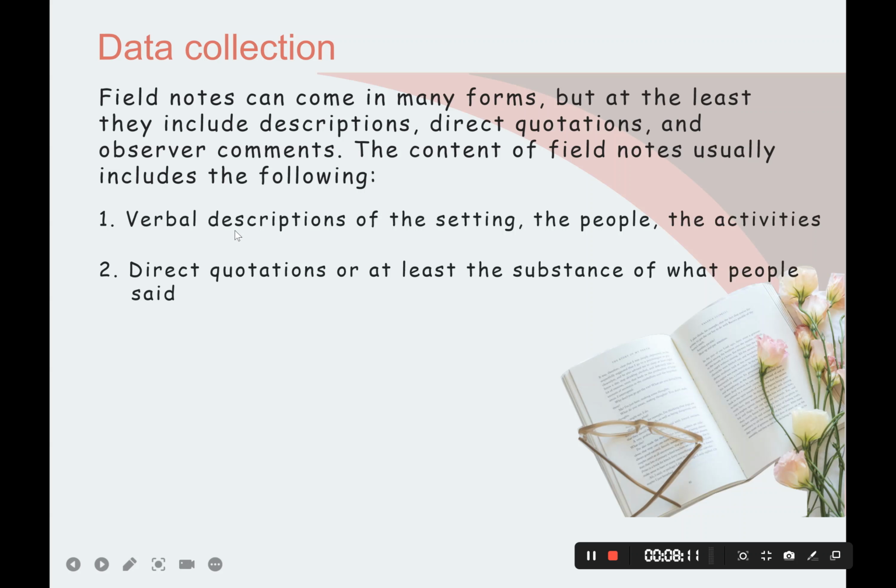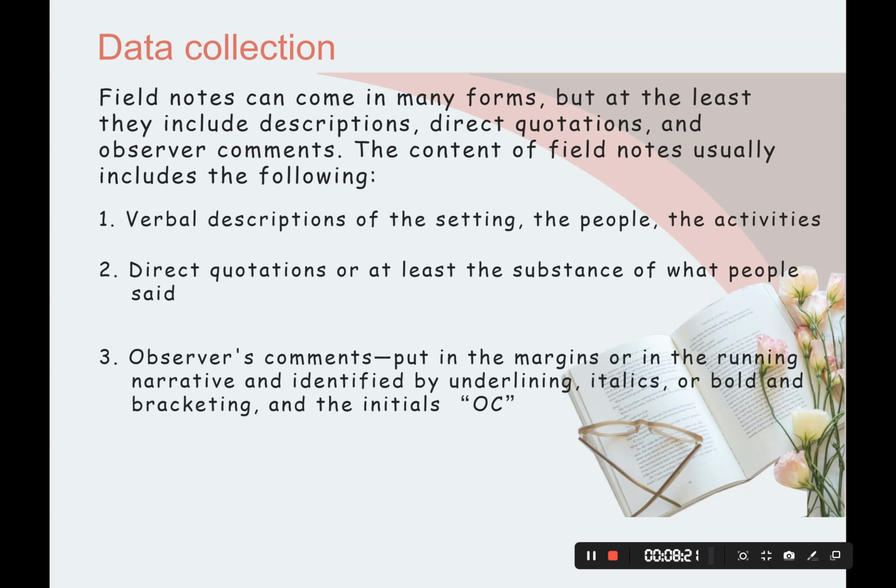The first one is verbal descriptions of the setting, the people, and the activities. The second one is direct quotations, or at least the substance of what people said. And the last one is observers' comments, put in the margins or in the running narrative and identified by underlining, italics, or bold, bracketing, and the initials.